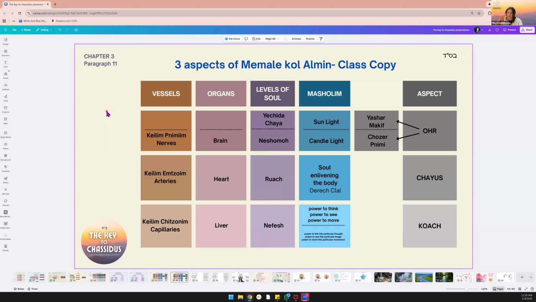In Mamala Kol Almin and then Soev Kol Almin. Now the Soev Kol Almin, we all know that is Makiv, a general light. And all of a sudden, if I'm understanding Sarah's question correctly, in Mamala Kol Almin we're also bringing the idea of Makiv. How could that work, right? Are we really talking about Soev Kol Almin here already, or are we still talking about Mamala Kol Almin?